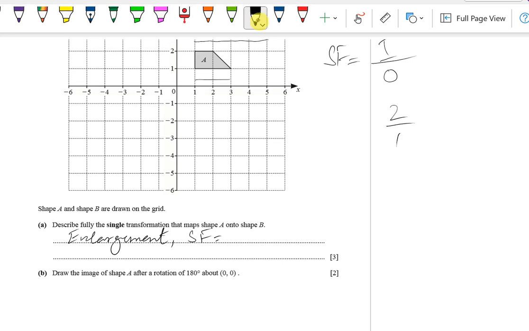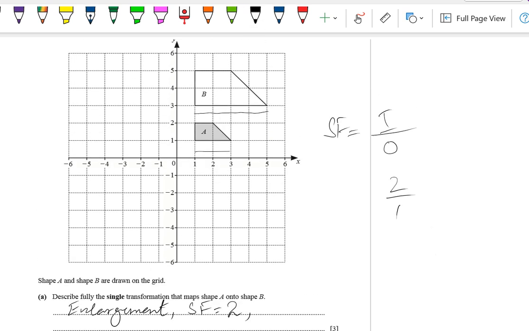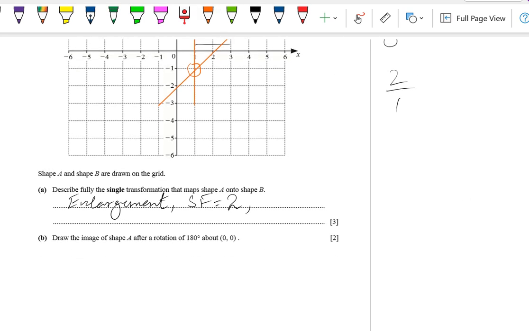So 2 over 1 scale factor is 2. To find the center, you may extend the lines and see where these lines are meeting. This is your center, 1 minus 1.